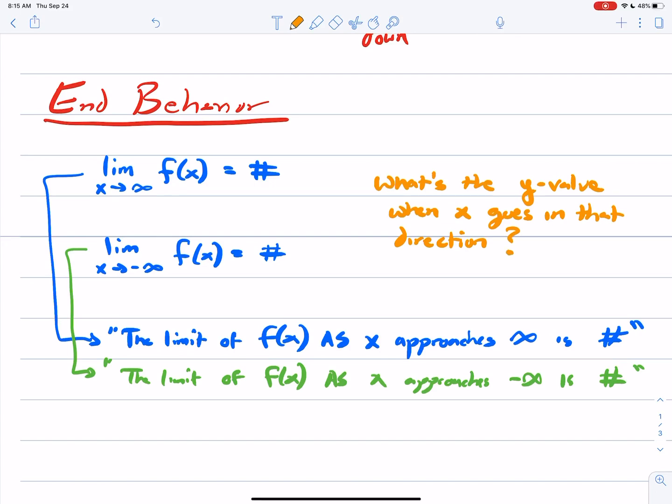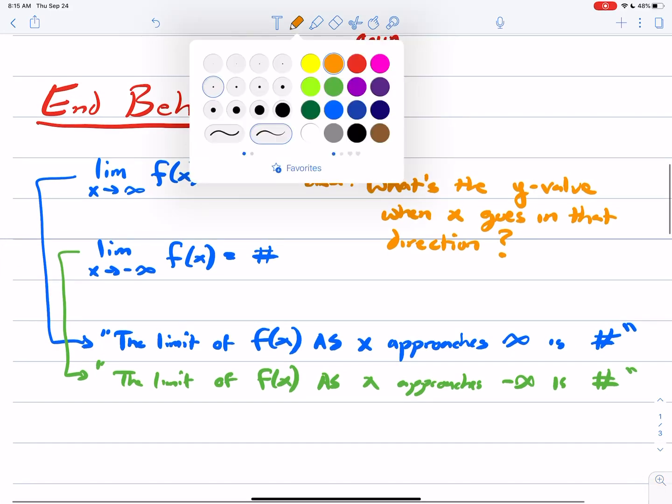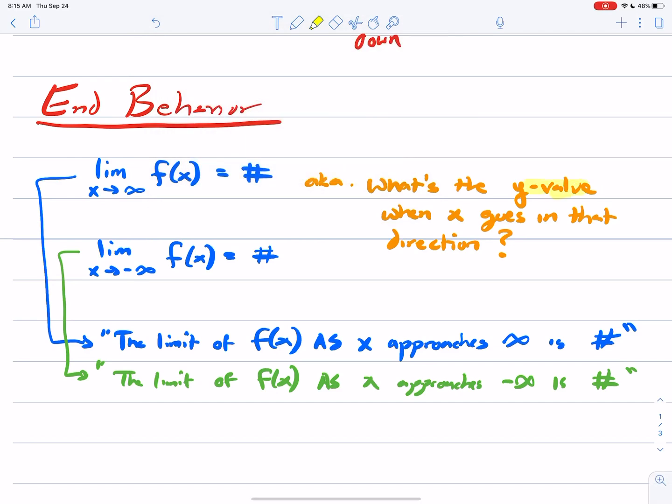The biggest component is this right here. We're looking for some type of y value. In this case, this is our end behavior. That y value will represent our end behavior there. It's going to make a lot more sense, obviously, when I show you a problem.